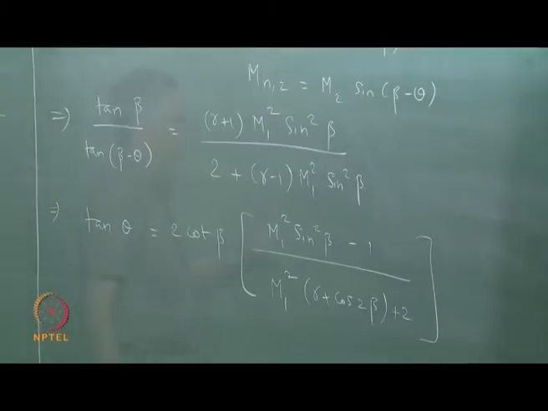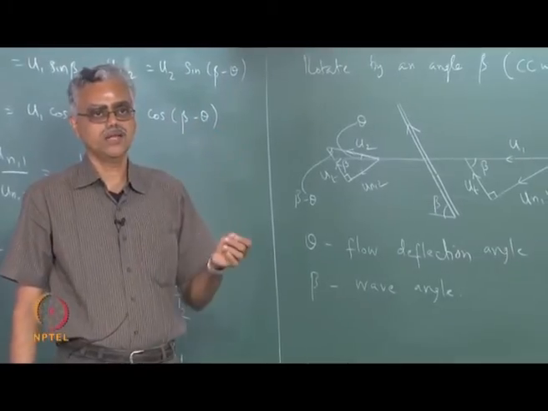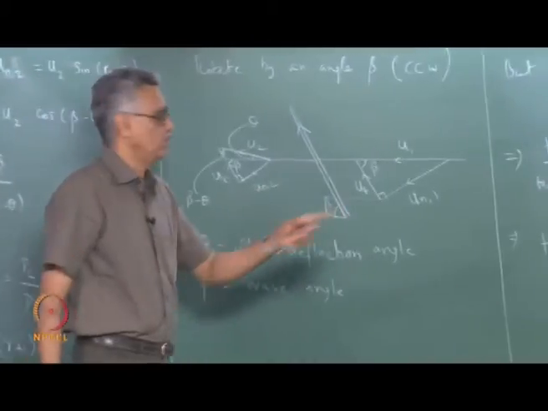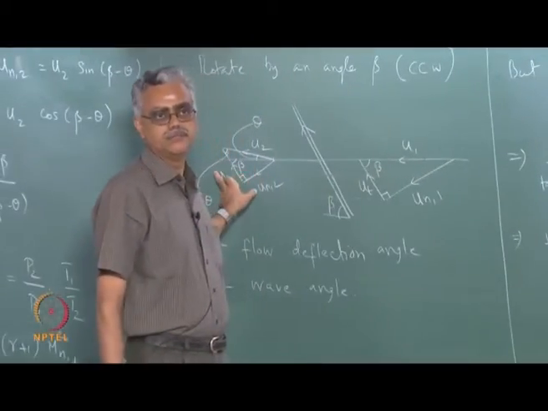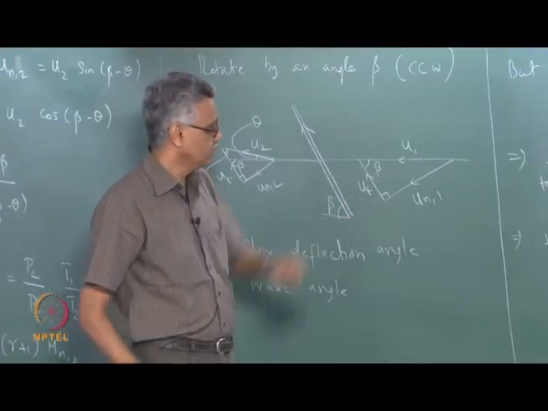So, previously in the normal shock wave there was only one quantity given, M1, and we wanted to calculate M2 and all the other properties. Here there is one more, right. Given M1 and either beta or theta, I can calculate all the other quantities. That is what this is telling you.